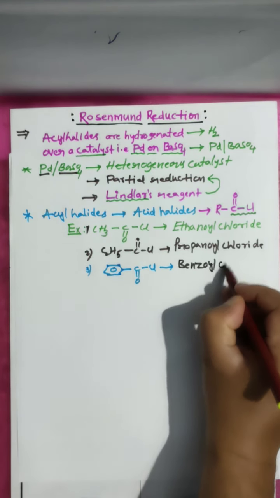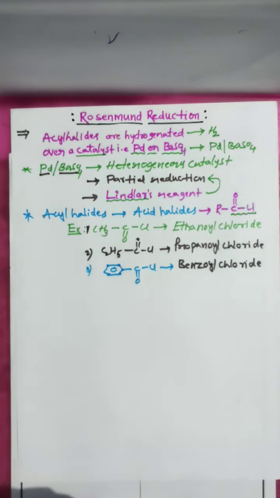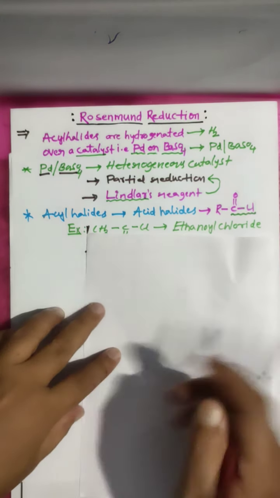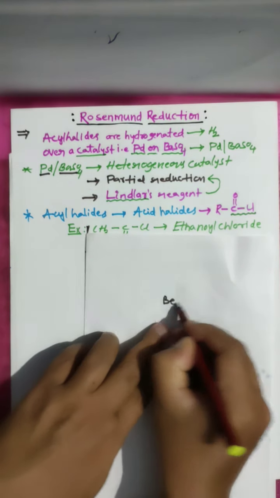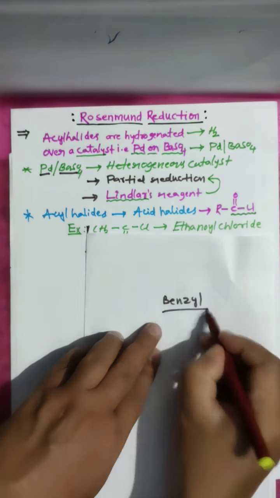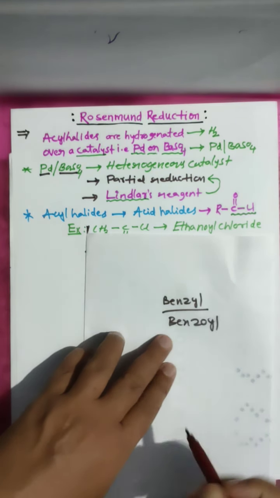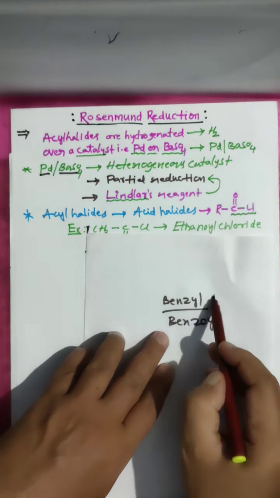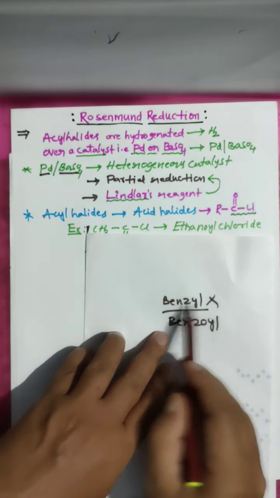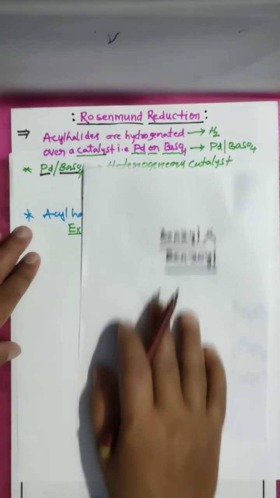And the name you have to remember like this. See here, this is not benzyl. Benzoyl. Students always make this mistake. This is not benzyl. Benzoyl. What is the difference between these two?